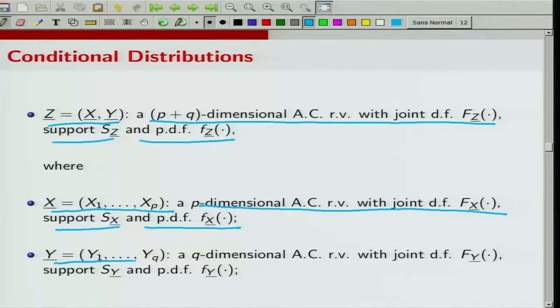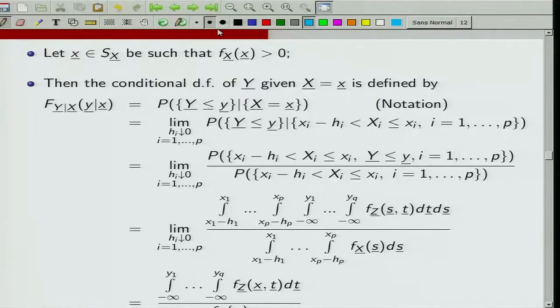Similarly, suppose Y = (Y_1, Y_2, ..., Y_q) is a q-dimensional absolutely continuous random variable with joint distribution function F_Y, support S_Y and PDF f_Y. So, X is p-dimensional, Y is q-dimensional, and Z becomes (p+q)-dimensional. Let x belonging to S_X, the support of X, be such that the density at the point x is positive.